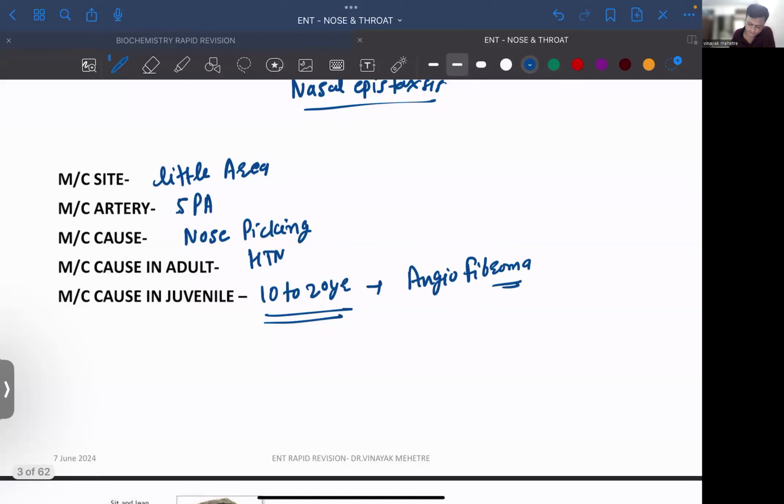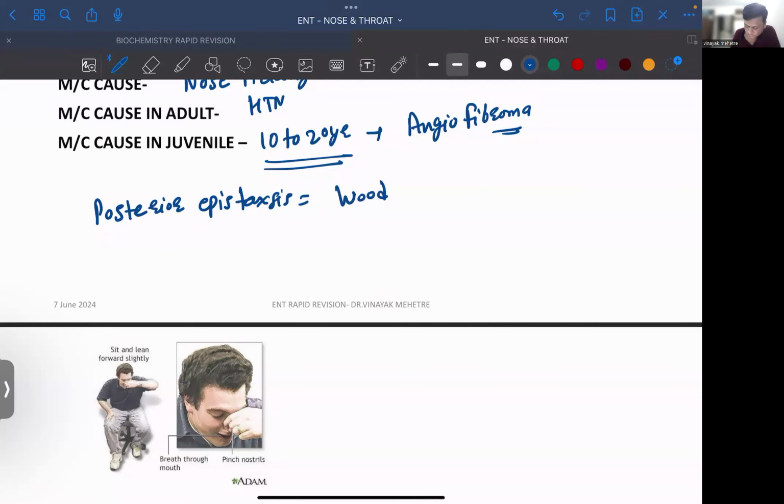Posterior epistaxis, where does it happen? That happens in Woodruff's plexus, right? Woodruff's plexus. It is an arterial bleed or venous bleed. See, these are the revision classes, so you should know something, or at least try to murmur in your head.